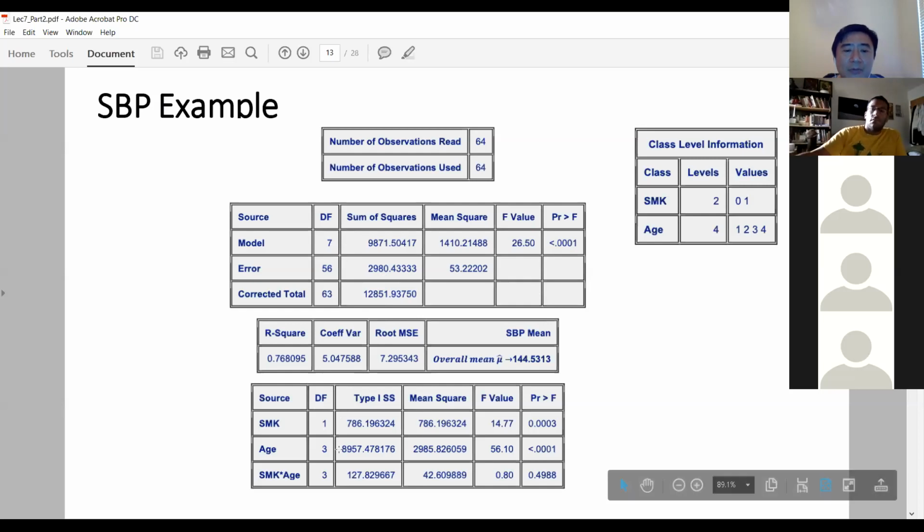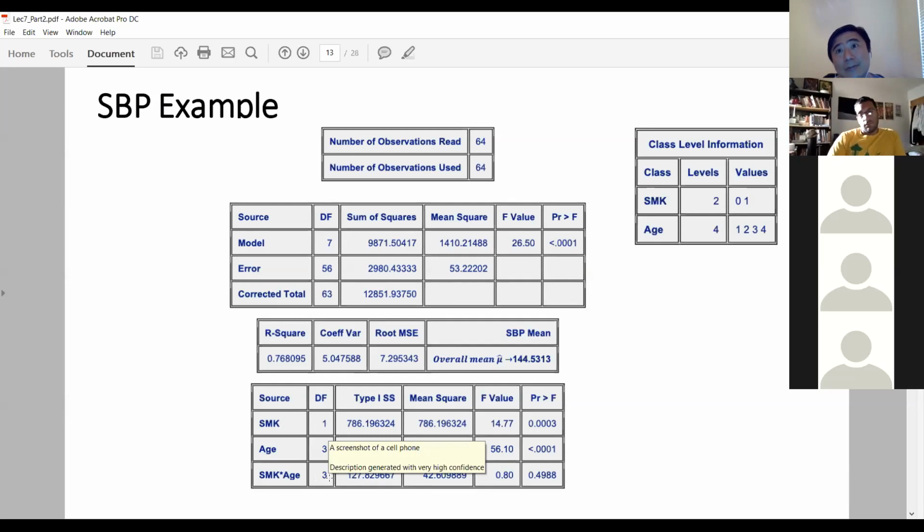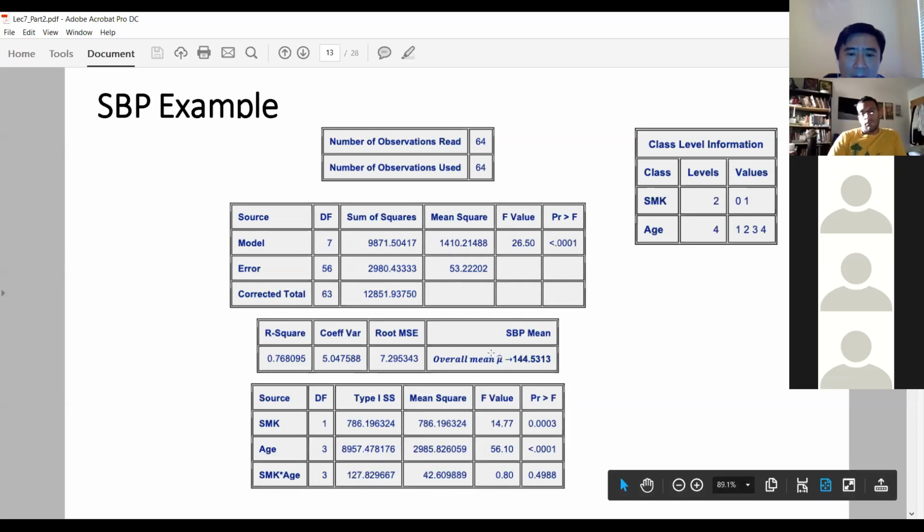The next one is testing each factor, because this is a further partition of the 7 degrees of freedom. It distributes 1 degree of freedom for smoking because smoking has two statuses, yes and no, and 3 degrees of freedom for age because age has 4 groups. And also 3 degrees of freedom for the interaction, because the interaction equals (2 minus 1) times (4 minus 1), which is 1 times 3, equal to 3 degrees of freedom.